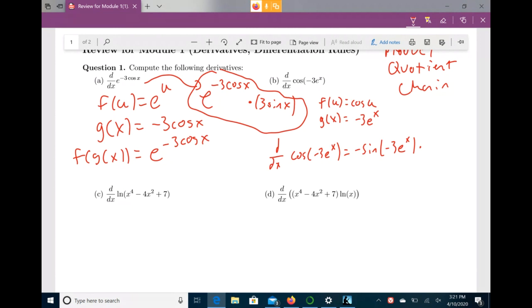Okay, so what's the derivative of -3 e to the x? Good, just -3 e to the x. Okay, so you could multiply the coefficients. In front of the sine is a -1, basically. In front of the e to the x is a -3. So you could write this as 3 sine of -3 e to the x times e to the x.